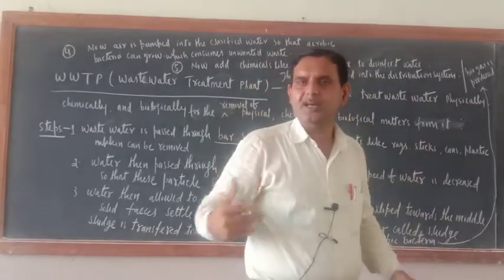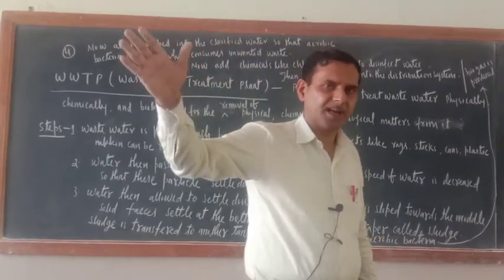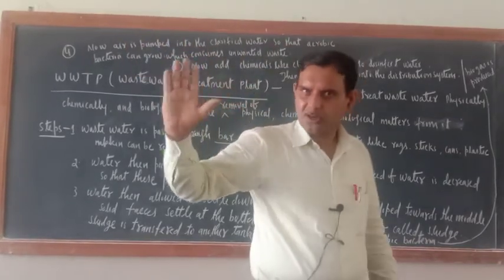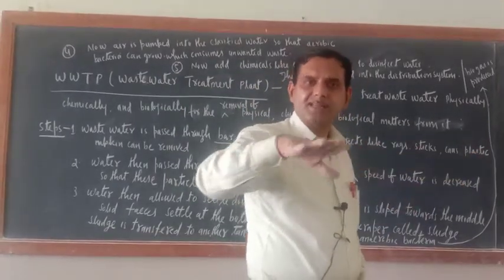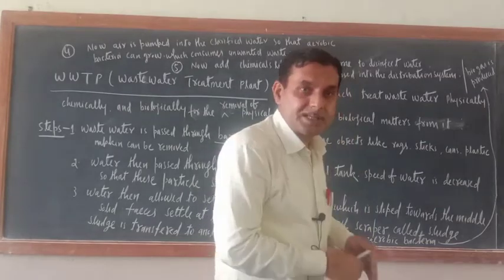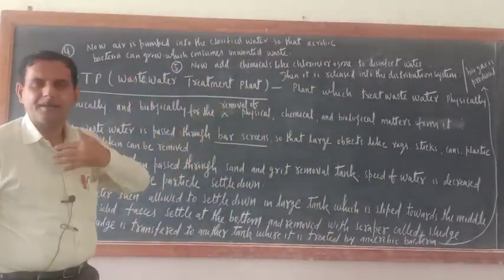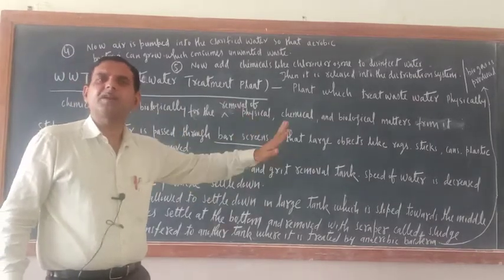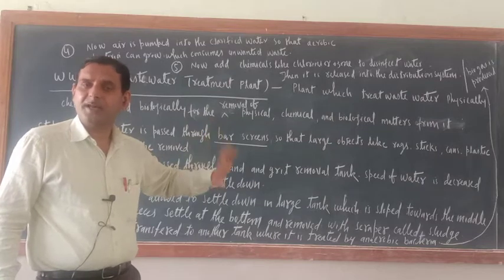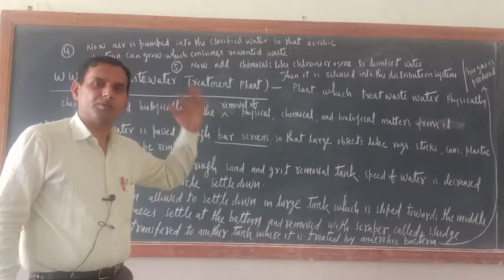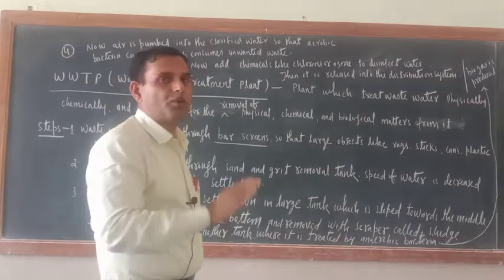Do you understand? Just like a window, bars or rods are there. When water passes through this bar screen, big impurities and big particles like rags, sticks, cans, plastic will be filtered out. Only water will go. So at least one type of impurity is removed now.